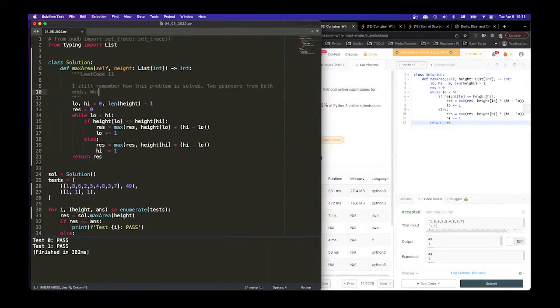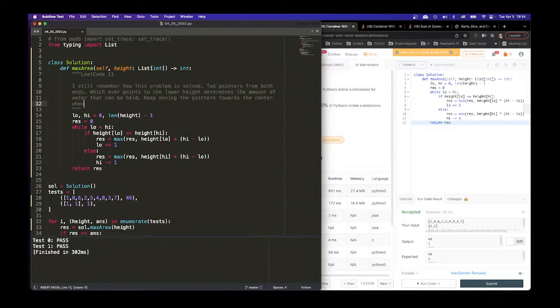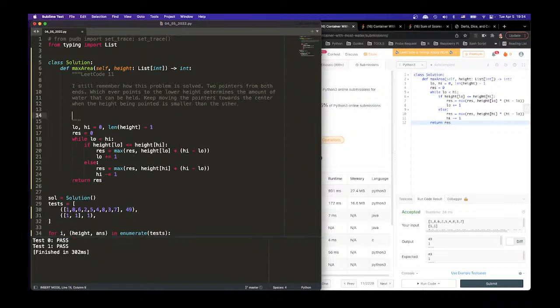Whichever points to the lower height determines the amount of water that can be held. Keep moving the pointers towards the center, moving the one whose height is smaller than the other, and that's it. It's O(n).